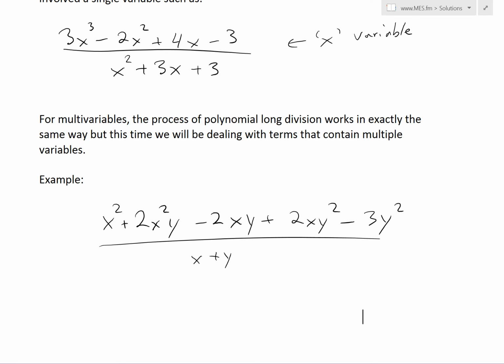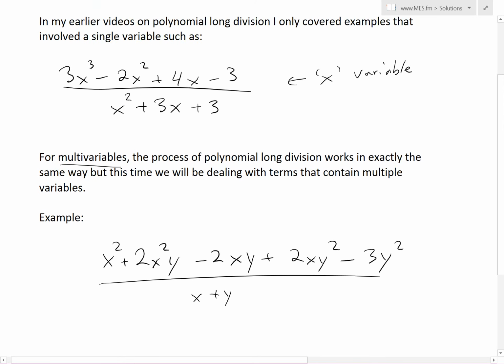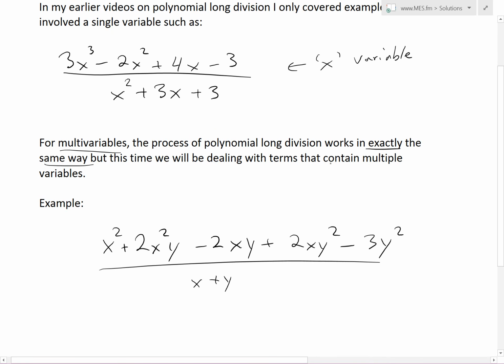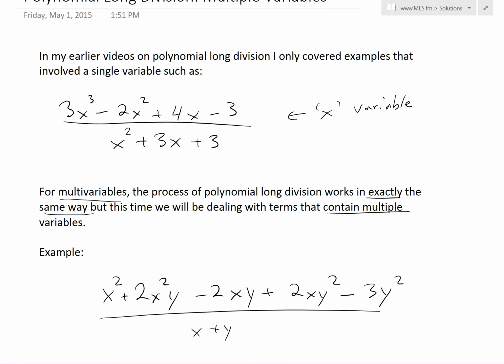Now, for multivariables, the process of polynomial long division works basically in the exact same way as we would do with single variables. But this time we will be dealing with terms that contain multiple variables. So basically we could apply the same process.